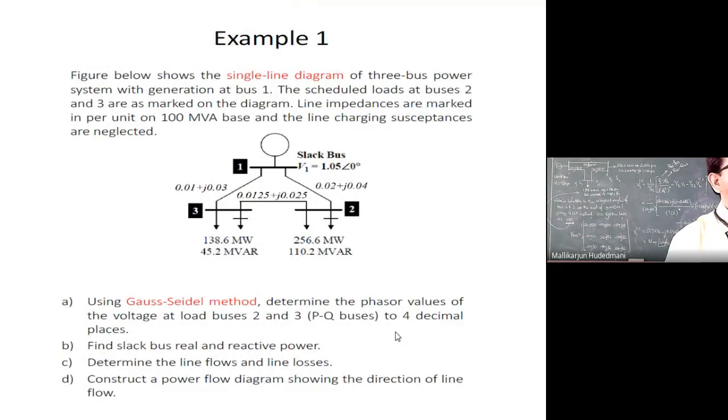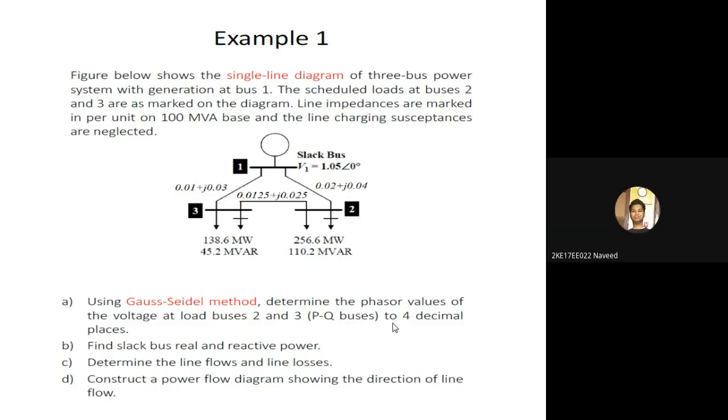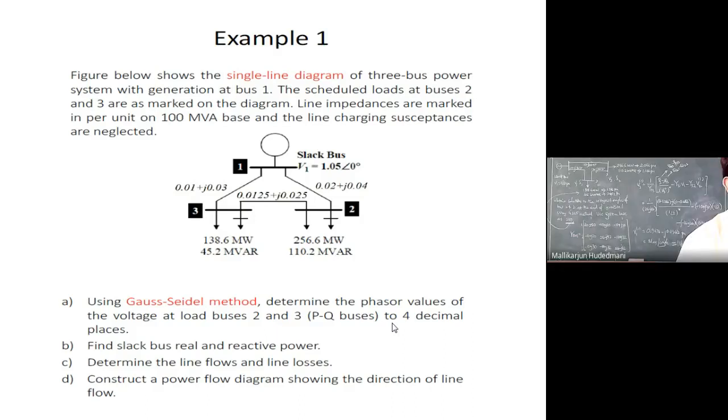Hope my slide is visible to you all. Someone please reply to me. Because I am on the PowerPoint slide, I will not be able to see your chat messages. Could you orally tell me if it's visible to you? Example 1. Yes, sir, visible. Anyone please? Visible to you?